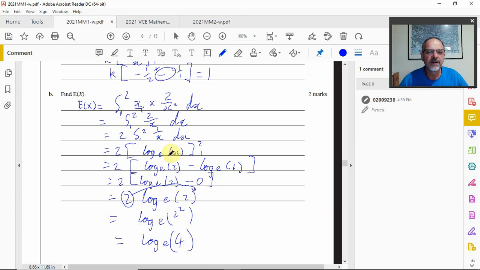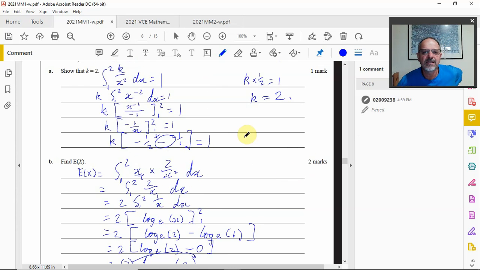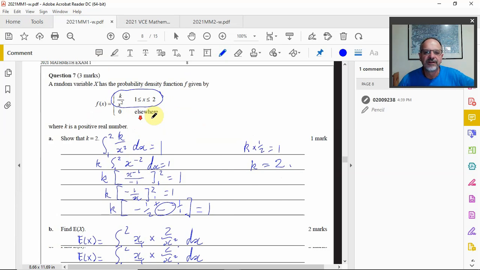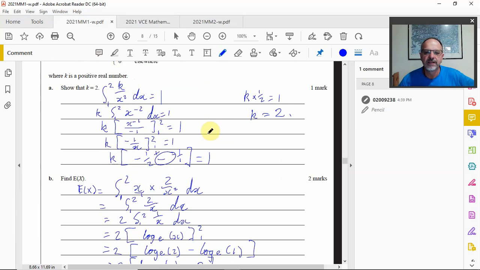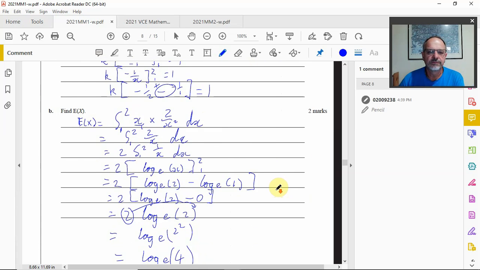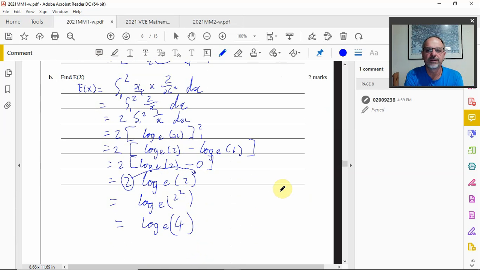And so there is the expectation value of x, for this particular random variable for that probability density function. Okay, so you need to be aware of what's on your formula sheet and what you can use from that for that particular question.